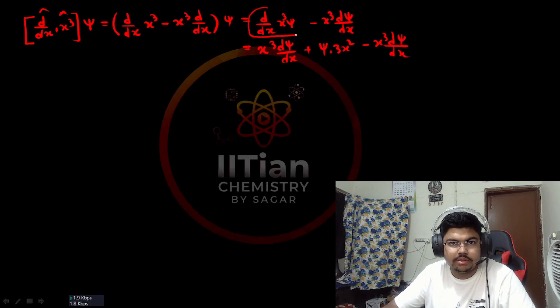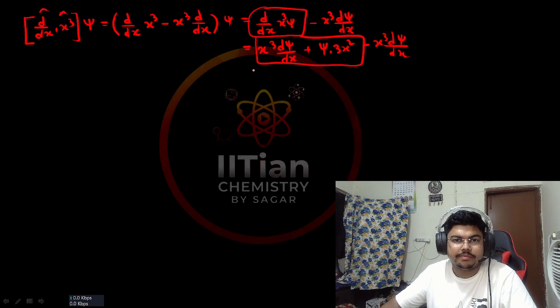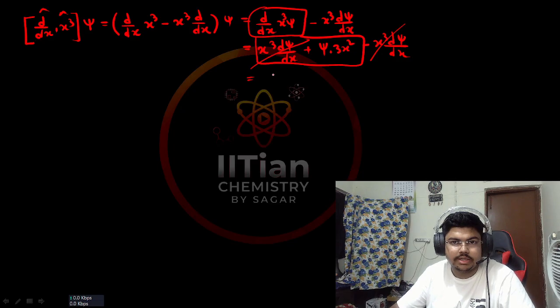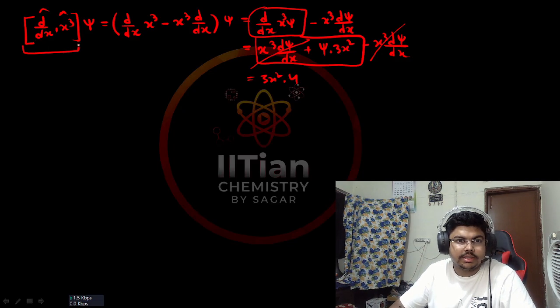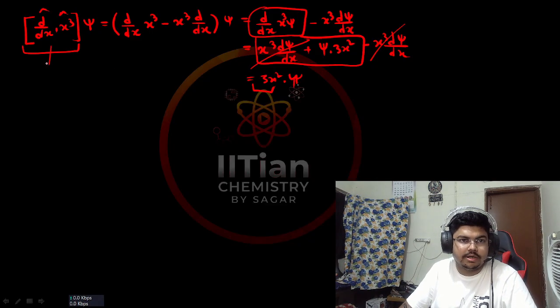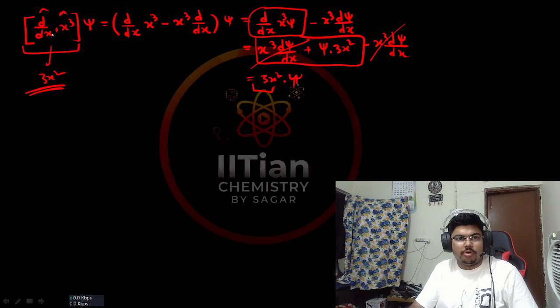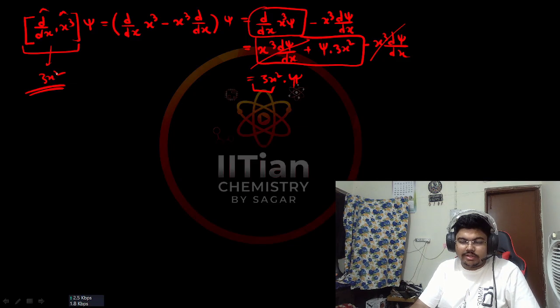This part is basically solving to this part. Now minus x cube d psi/dx plus x cube d psi/dx cancel, so we get 3x square into psi. That means this part is nothing but 3x square. So the commutator of d/dx and x cube is basically 3x square.